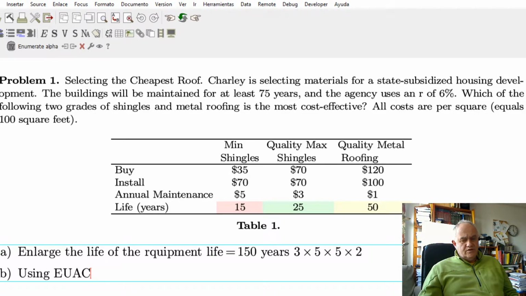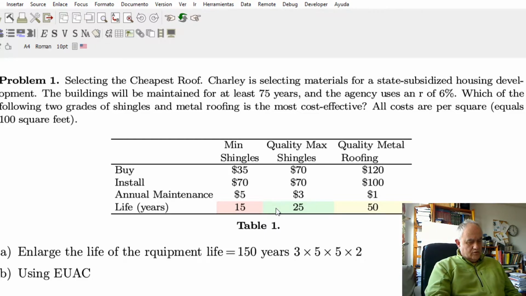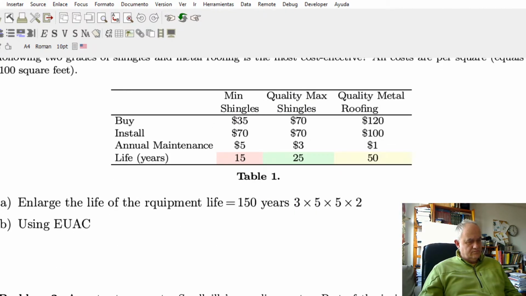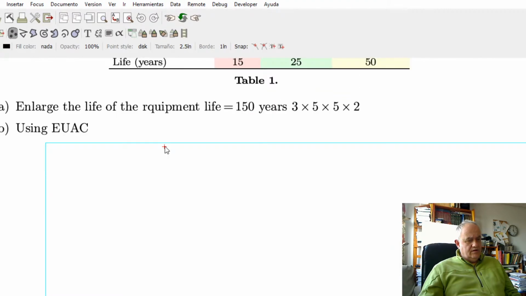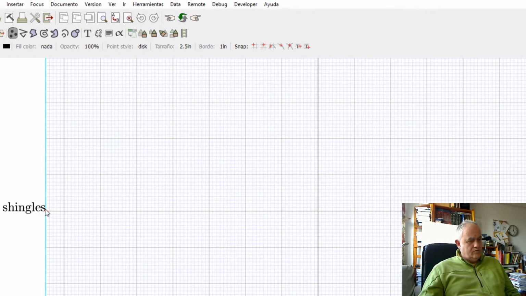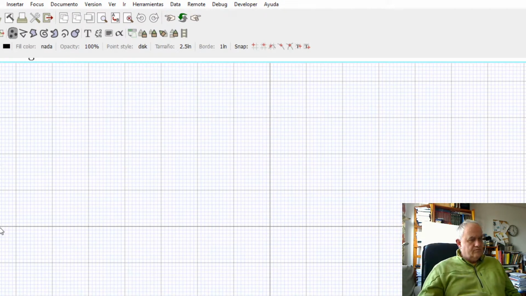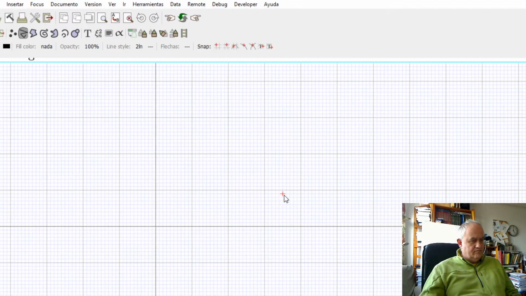So let's have a look at the process. Using alternative A, for the first alternative, mean shingles, we have for one project, let's draw the model first.